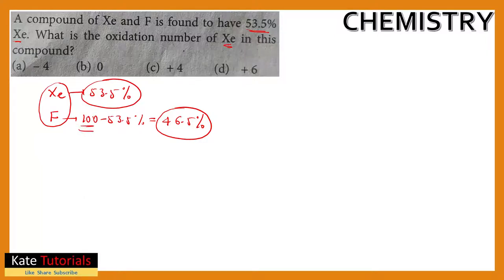So let me make a chart. The elements are xenon and fluorine, and the percentages we got are 53.5% of xenon and 46.5% of fluorine. Next we need what?